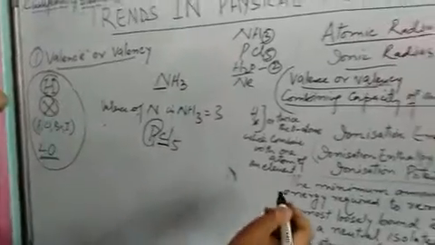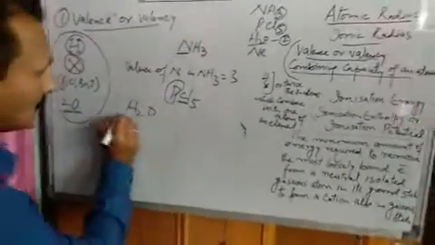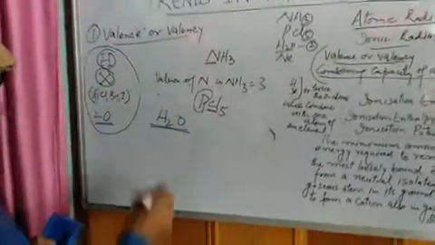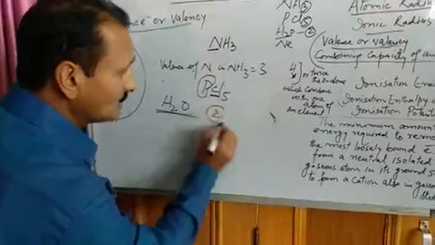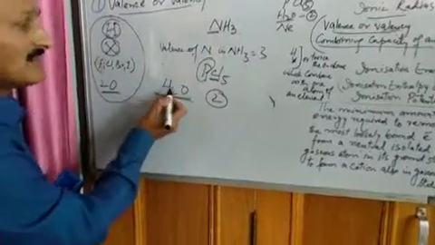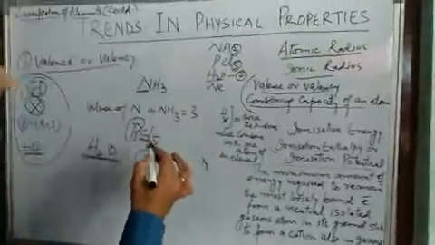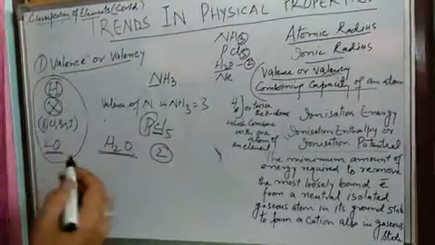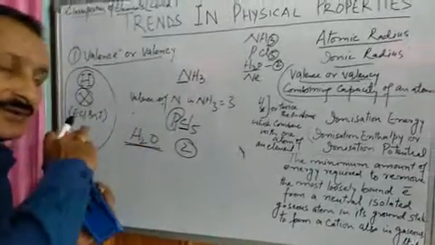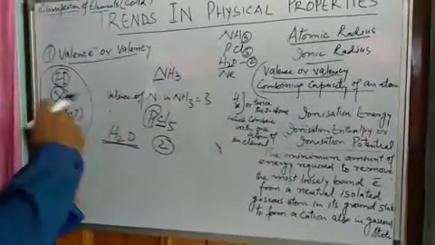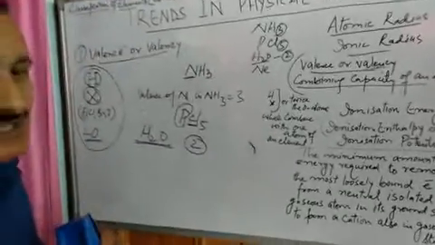Similarly, take another example, water. What is the valency of oxygen here? The valency of oxygen here is 2, because 2 atoms of hydrogen are combining with one atom of oxygen. So these are some methods of finding valency. Now what happens to valency? Valency first goes on increasing in a period, for example from 1 to 4, and then it decreases to 0.